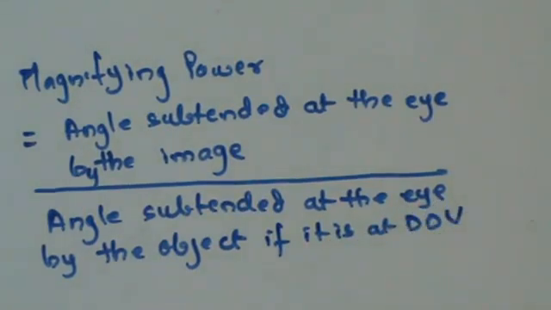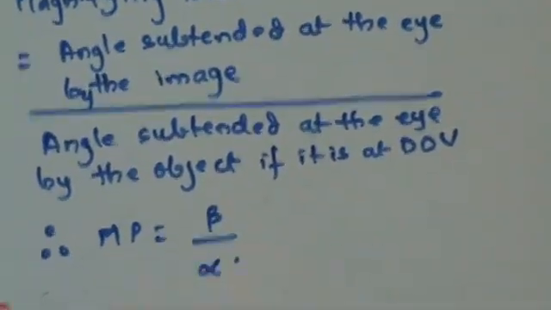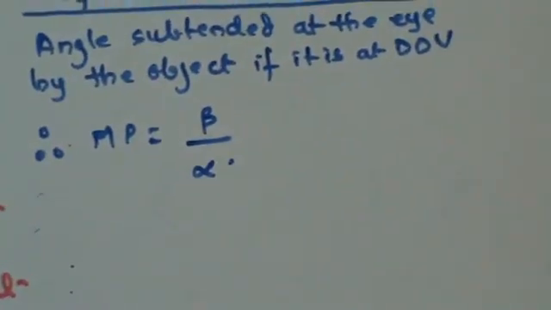That's my formula for magnifying power. Therefore, I can say that magnifying power is nothing but beta upon alpha, right?